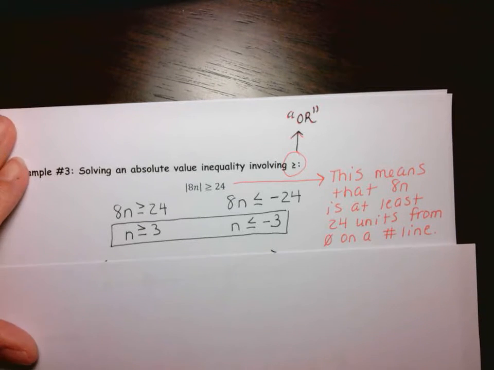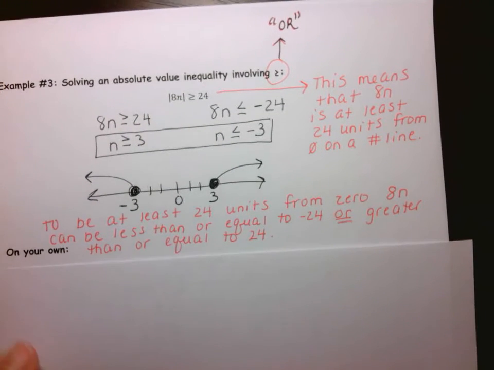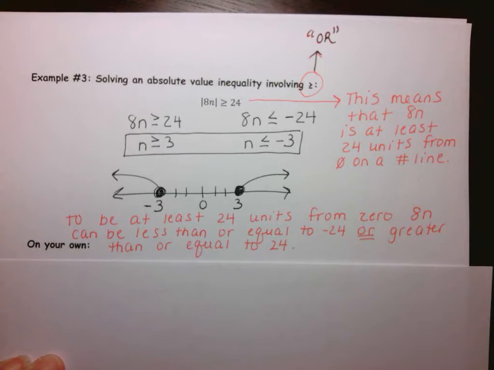And so in order for 8n to be at least 24 units from 0 on a number line, 8n can be less than or equal to negative 24 or greater than or equal to positive 24. So you have to solve both.